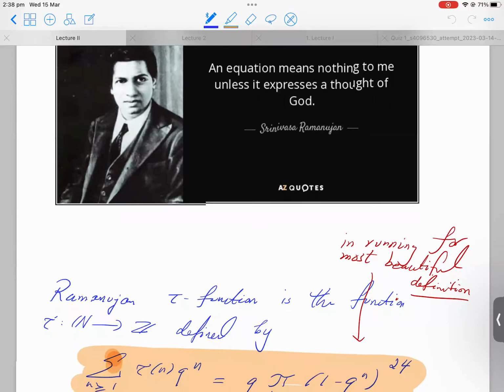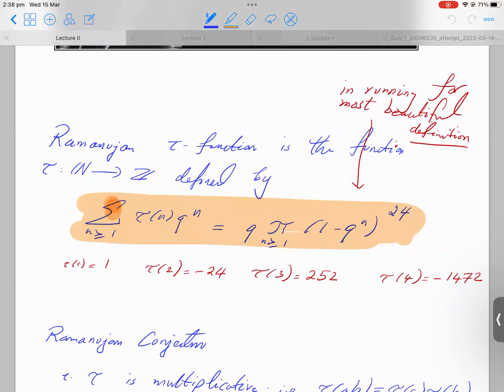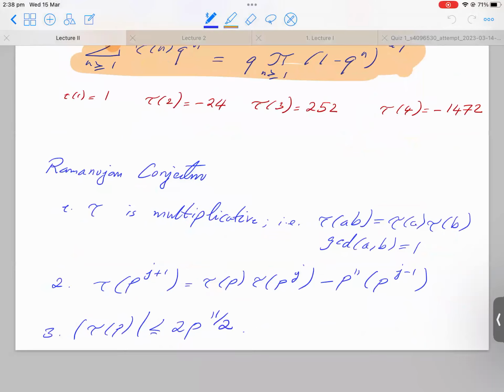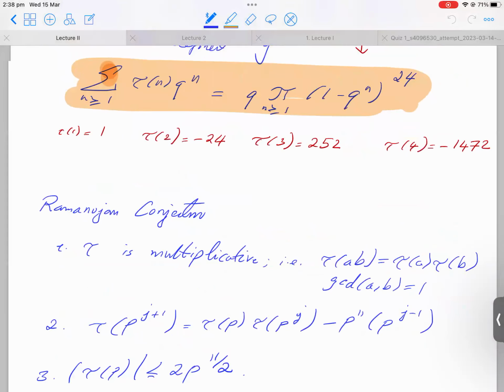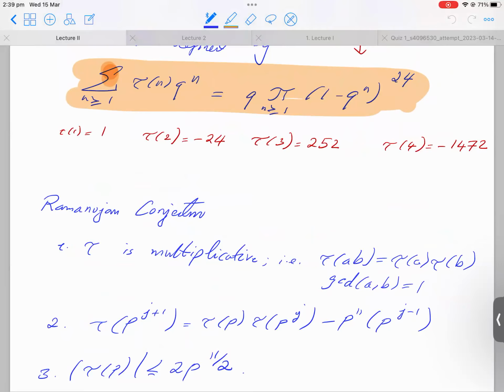One of the things in Ramanujan's writings was this tau function, and Ramanujan conjectured that tau is a multiplicative function, i.e. tau of AB equals tau of A times tau of B whenever GCD of A, B equals 1. That means that to find tau, you only need to find it on prime powers.